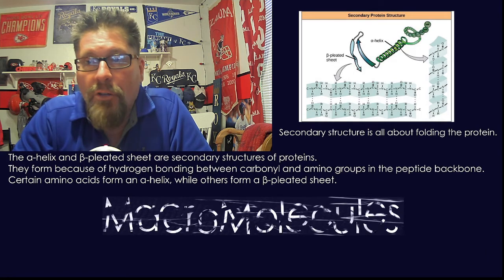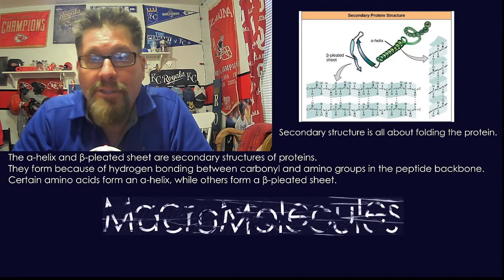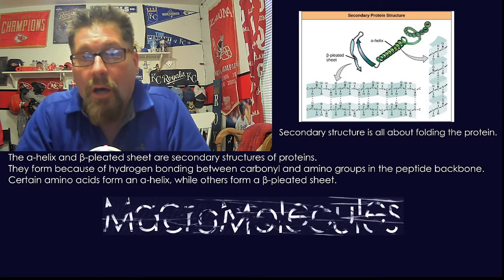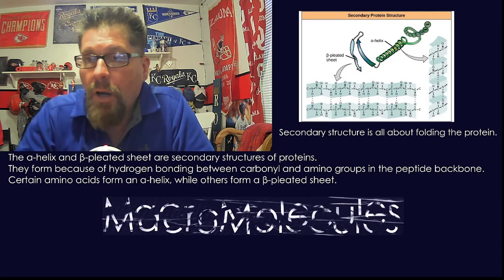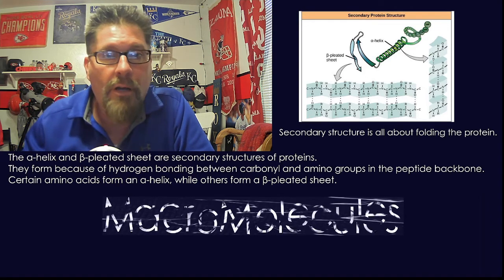So you can really condense those down, and that's the secondary structure. The alpha helix and the beta pleated sheets are the 2 ways in which that is done.